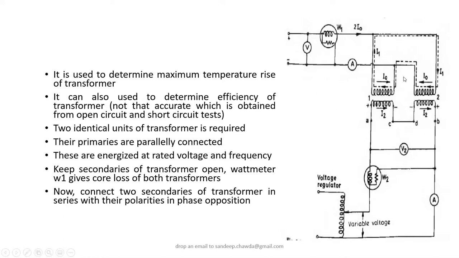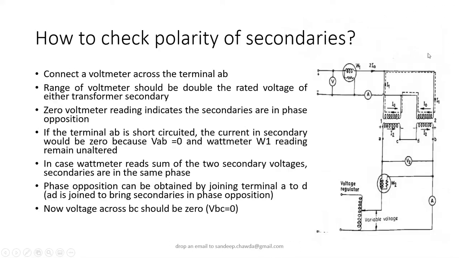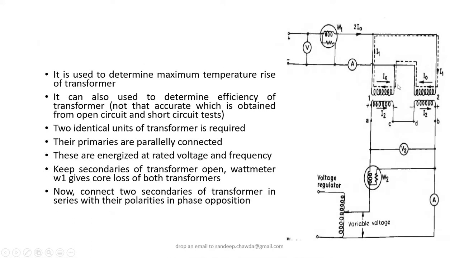Just see how the first terminal and the second terminal are connected. You'll find that the primaries are connected in parallel for conducting the Sumpner test on the transformer, and they are energized at rated voltage and frequency.